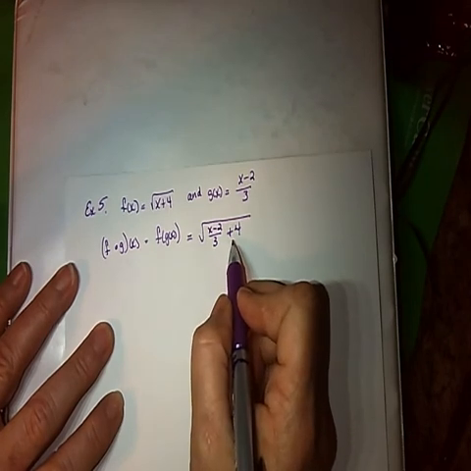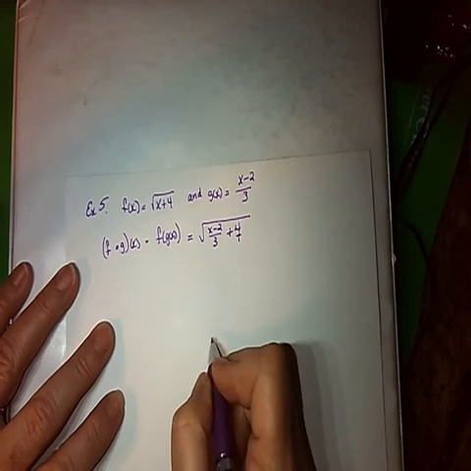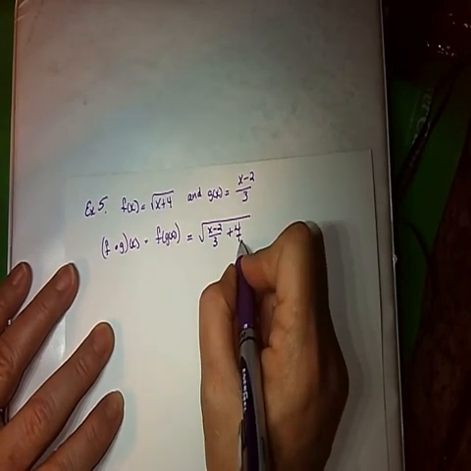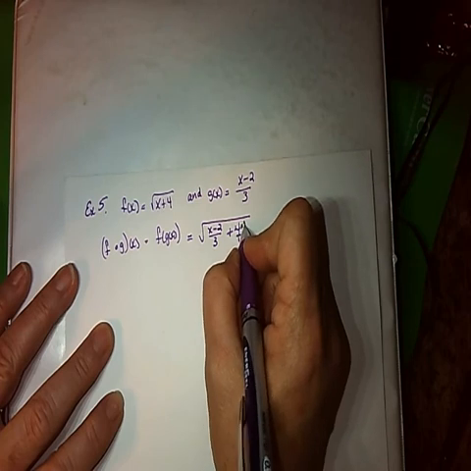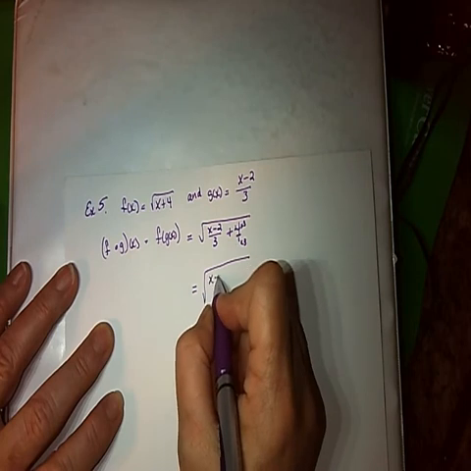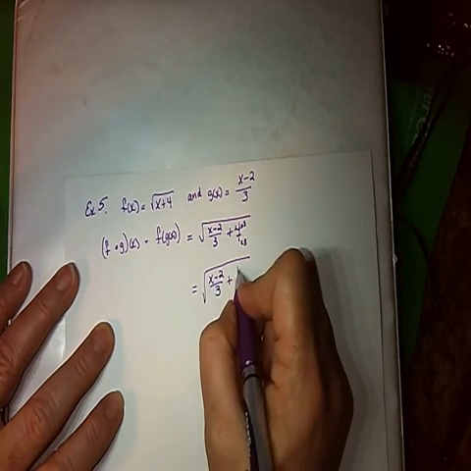So again, I want to get a common denominator, so I'm going to put the 4 over 1. So my common denominator is going to have to be 3. So if I multiply by 3 here and by 3 here, I'm going to get (x minus 2) over 3 plus 4 times 3 is 12 over 3.